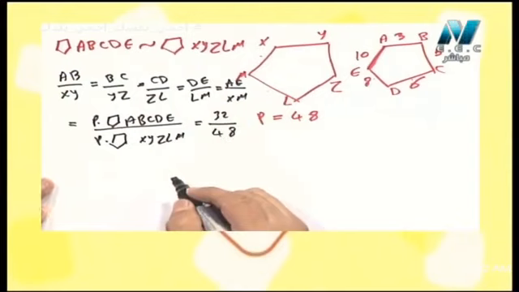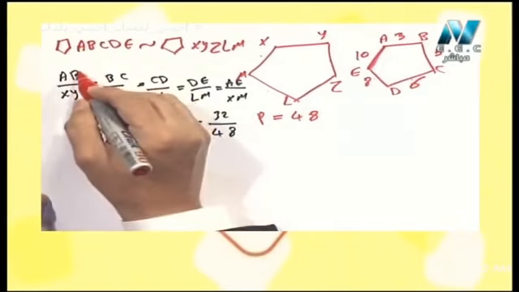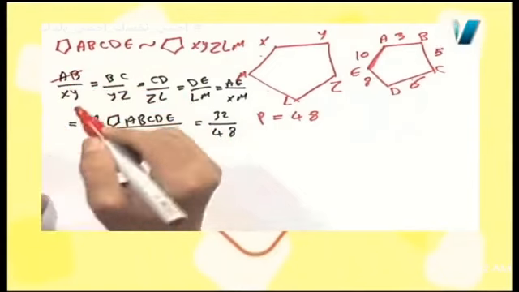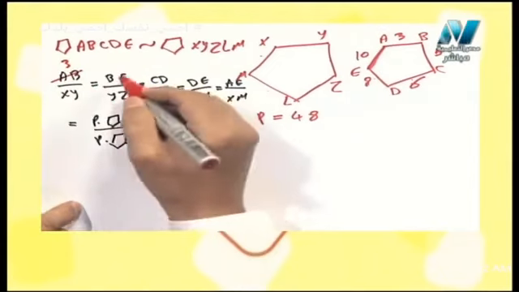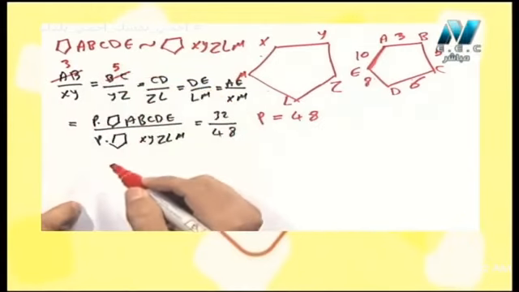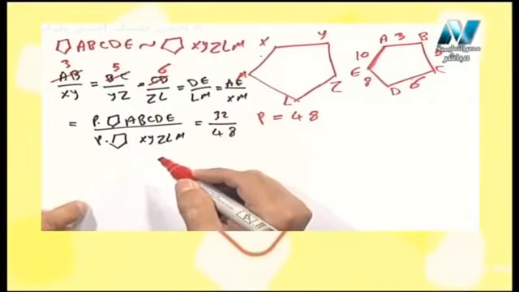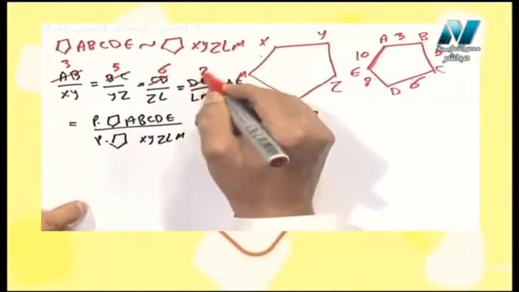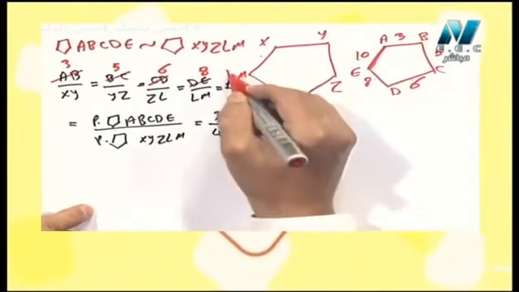Okay, and we know that we can substitute: AB replace by 3, BC replace by 5, CD replace by 6, DE replace by 8, and finally AE replace by 10.